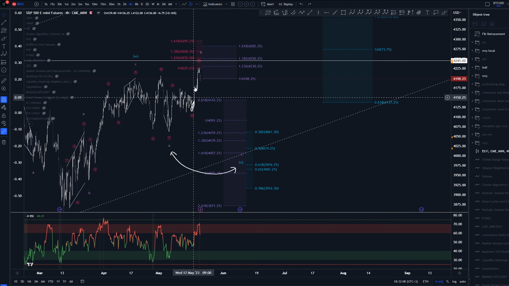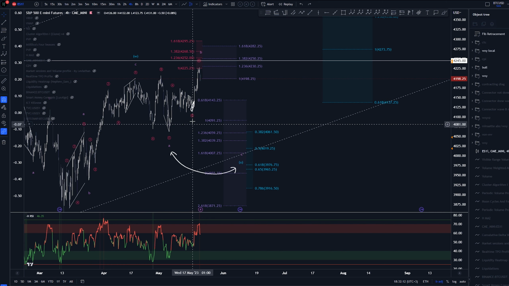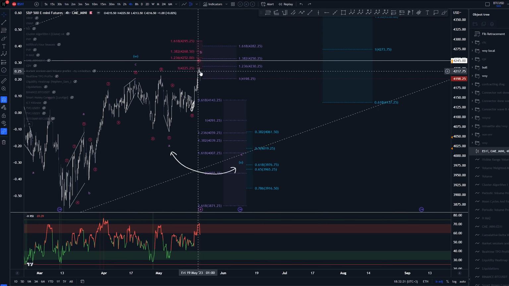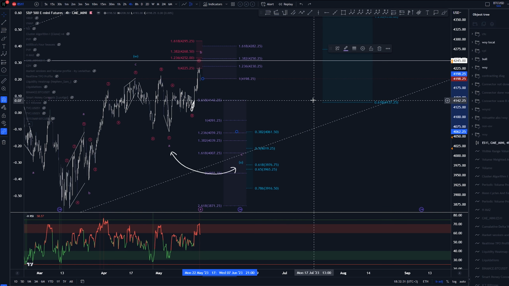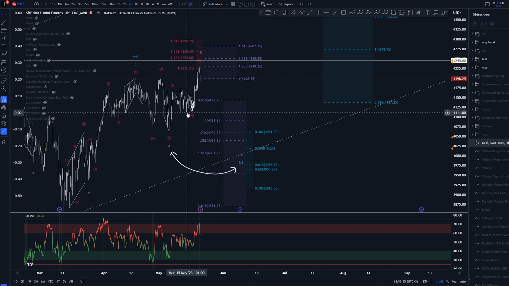However, generally, if it hits the 1-to-1 extension, it is more common to see this as a C wave than a 1-2-1-2, because smaller time frame structures generally don't hit the 1-to-1. They are smaller degree, so they should be using less time. But nothing is invalid until basically this low here, $4,110.